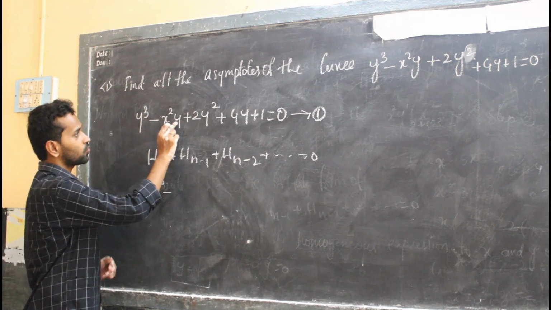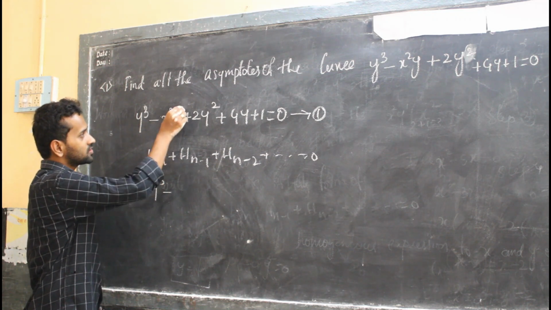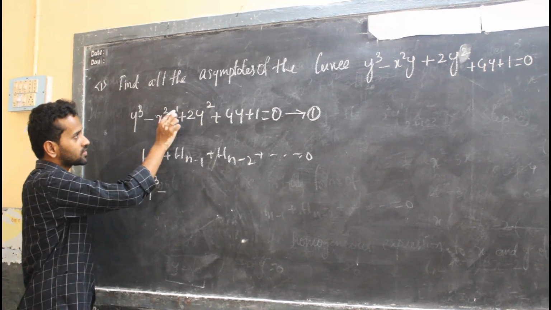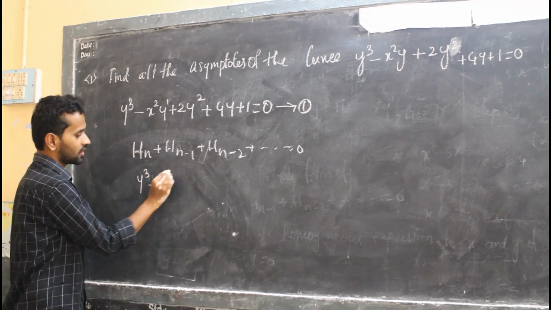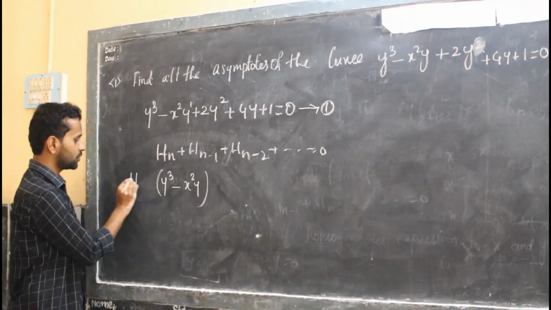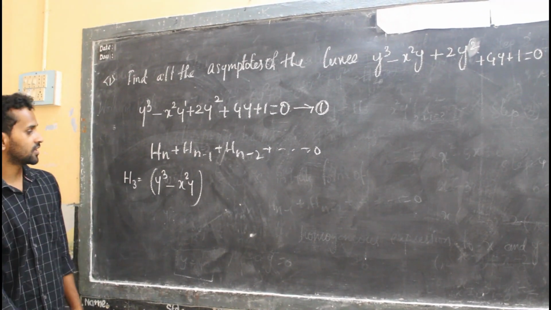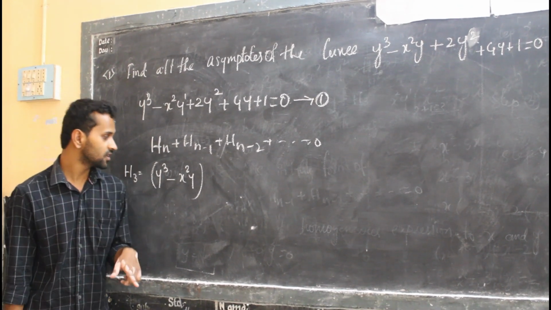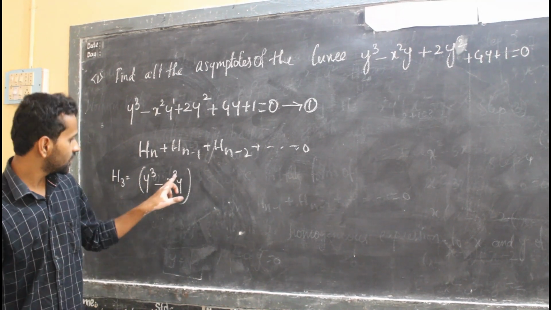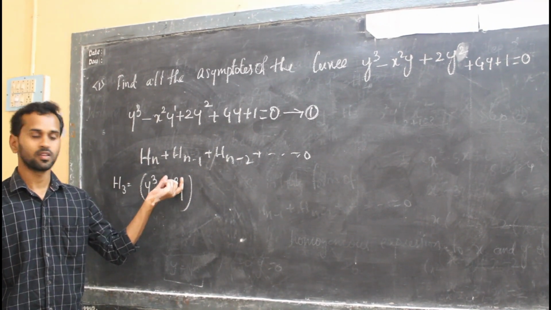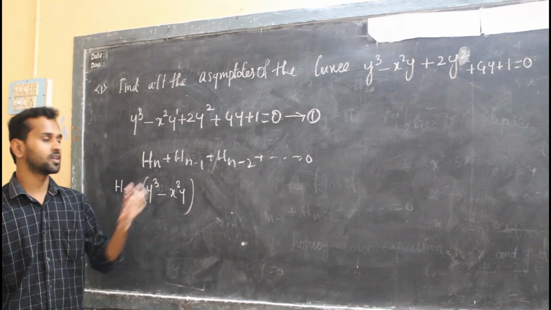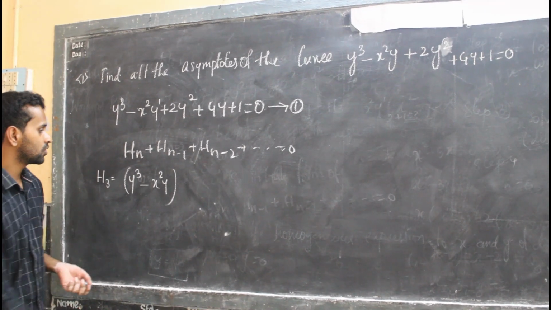Minus x square y. Since x square is multiplied by y, 2 plus 1 is 3, so x square y also will be in my h3. Get that? So h3 will be y cube minus x square y. You know that h3 is the homogeneous expression of x and y of degree 3.